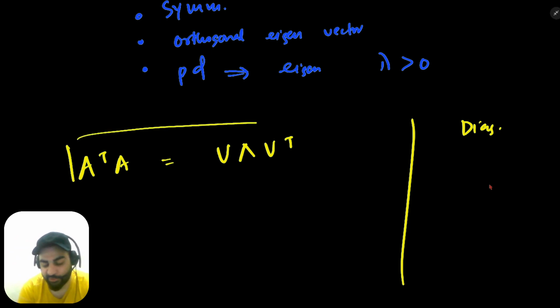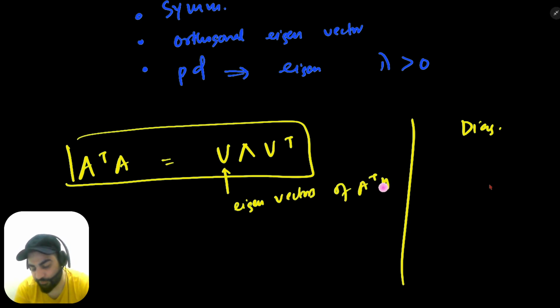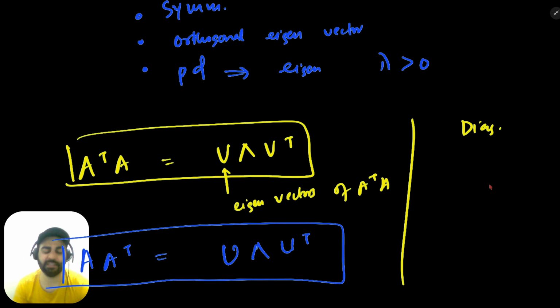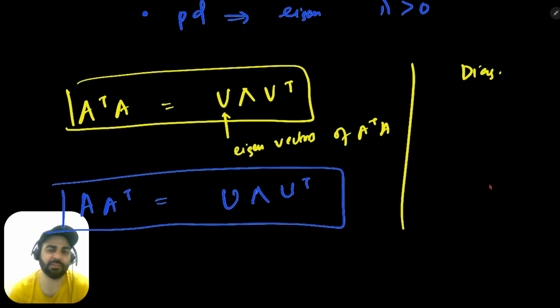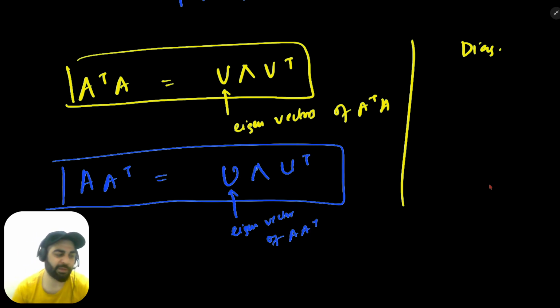Here V holds the eigenvectors of A transpose A. Similarly, I can write A A transpose as U lambda U transpose, because it's a symmetric square matrix. Here U holds the eigenvectors of A A transpose. Is it clear so far? Because I have to derive these things from these things. Is it clear?